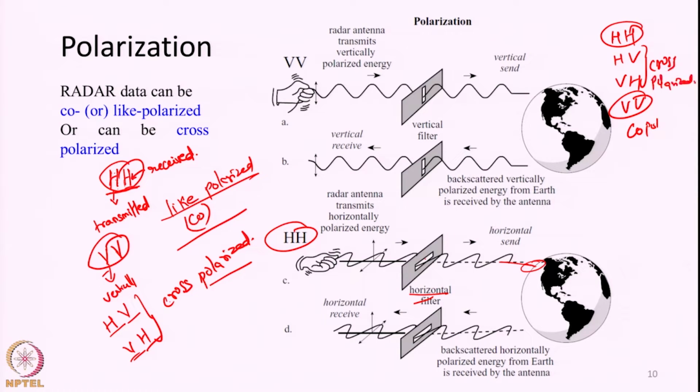Some systems have the capability of measuring all these, transmitting in both H and V and receiving in both H and V, giving rise to 4 different images. Similar to optical remote sensing, where for each wavelength band we get one image, say 0.4 to 0.5 micrometre, one band, one image, and 0.5 to 0.6, one band, one image, like this.